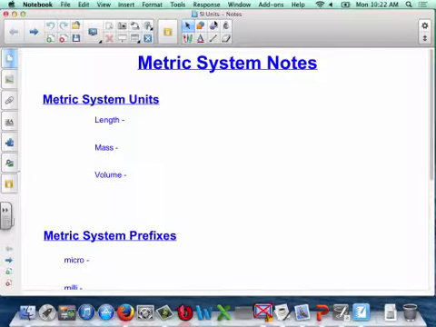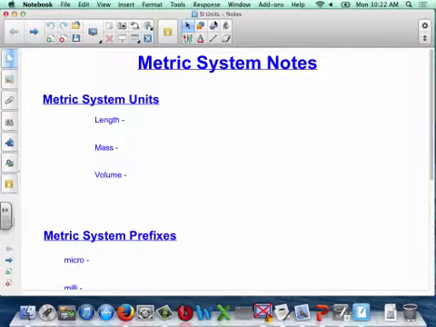So we think about length. What is that metric unit that we measure for length? When I measure how long something is in science, what is the basic unit that we use to measure length? Oh, guys, come on. I need you to respond. Wait, what was the question?